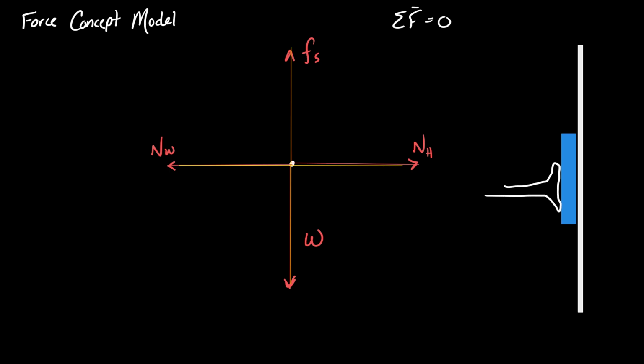When you apply your coordinate system, the truth is you can apply a coordinate system in any direction you would like. But you want to choose to apply your coordinate system in a useful manner. And I gave you two priorities yesterday. Either line up one of your directions with the acceleration or attempt to line it up with as many forces as possible.